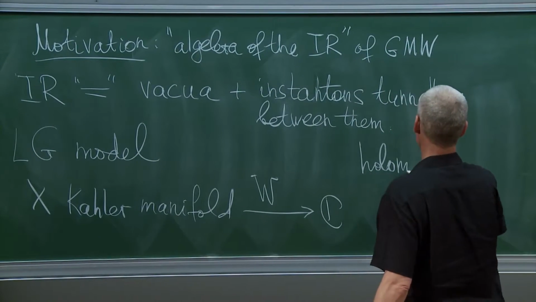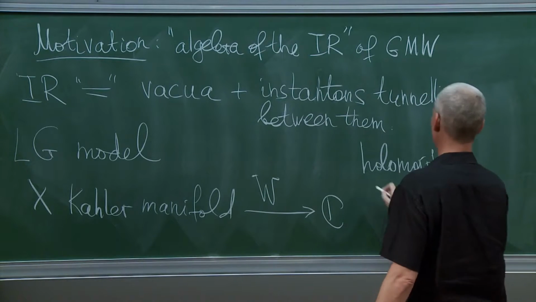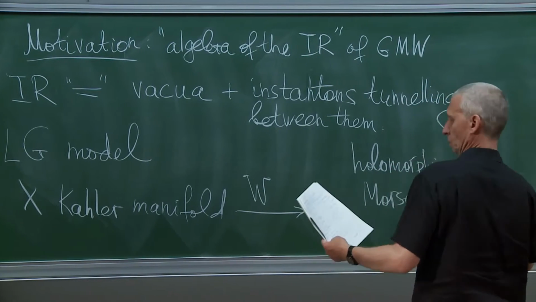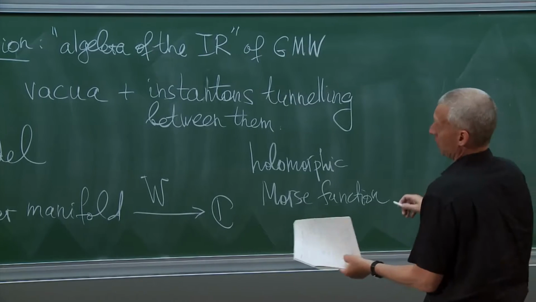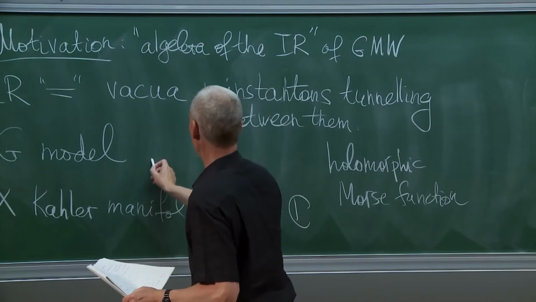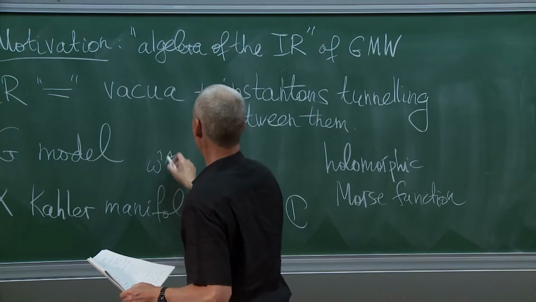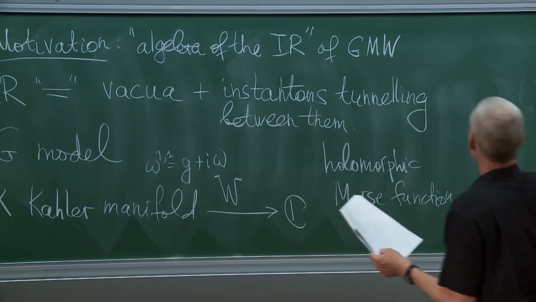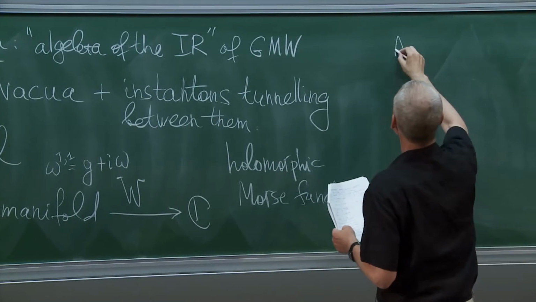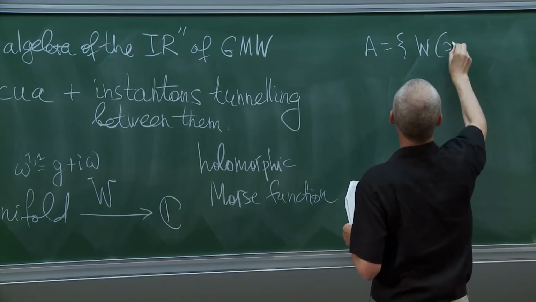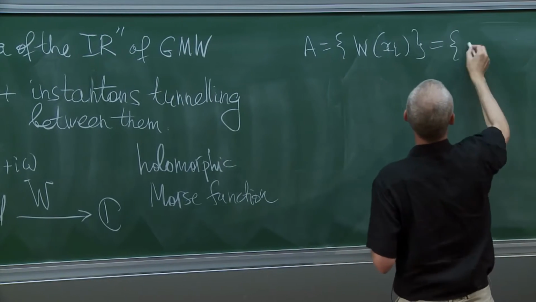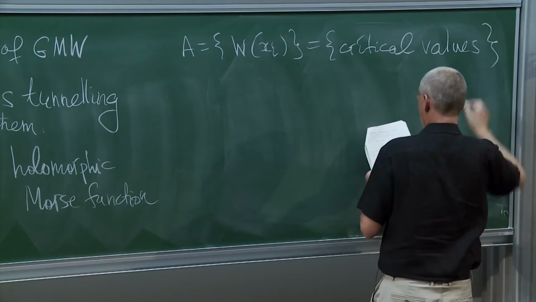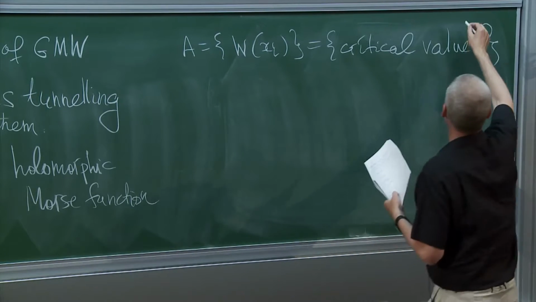The Kähler form omega (1,1) is a Riemannian metric plus i times a symplectic form. And the set A would be the set of critical values of W.